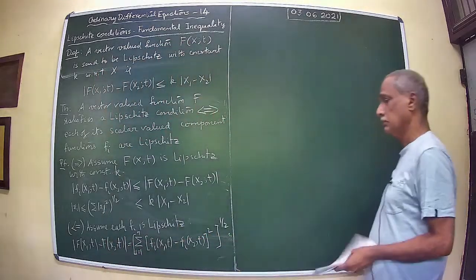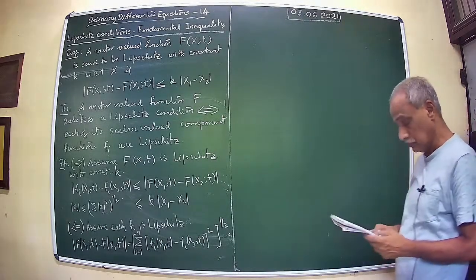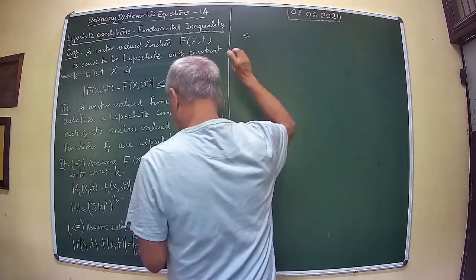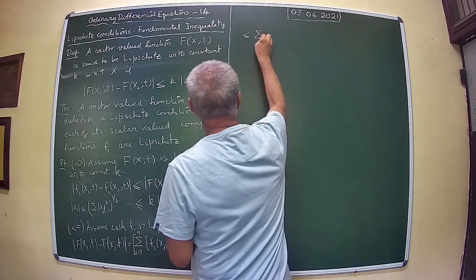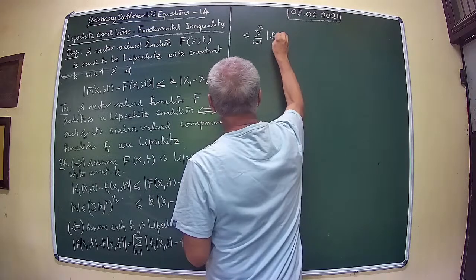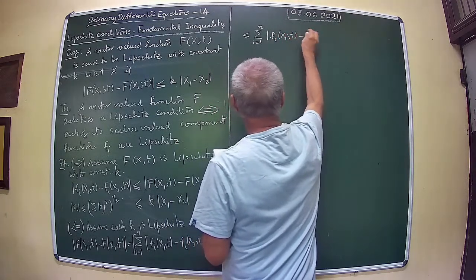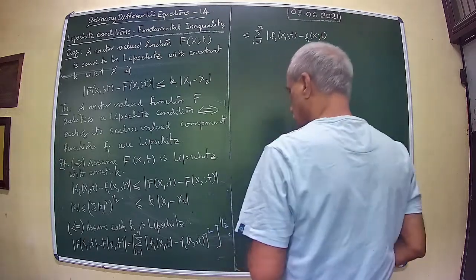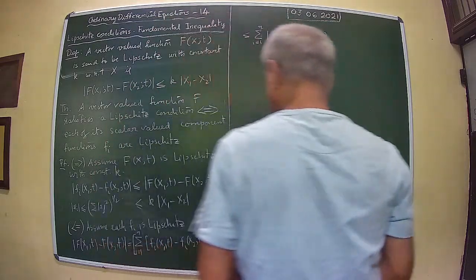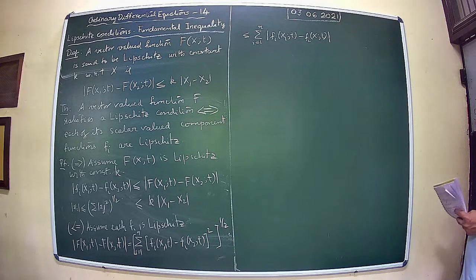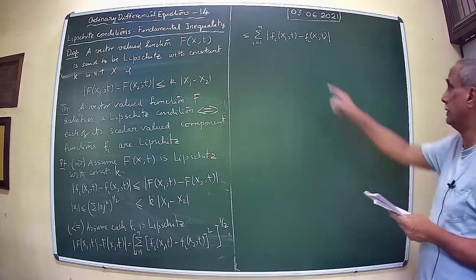Then what you do is that this is less than or equal to the following, because if you square it up, it's quite clear how it comes.